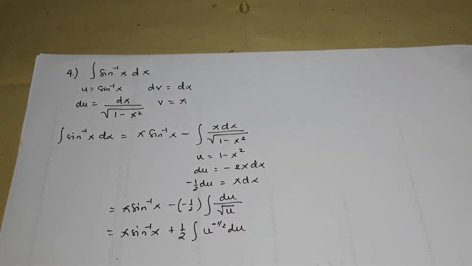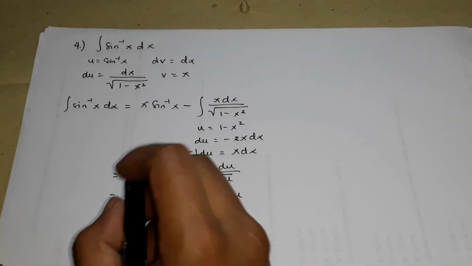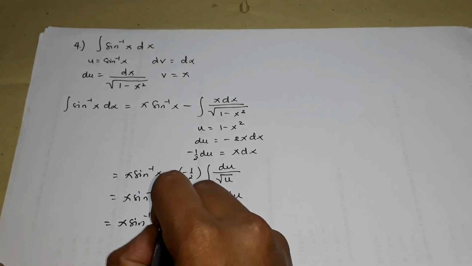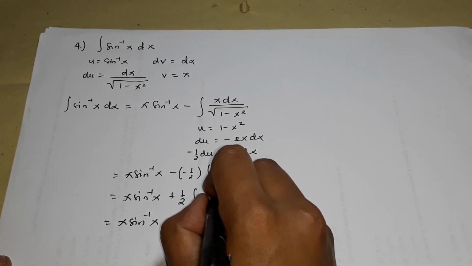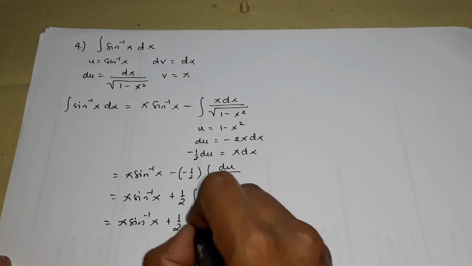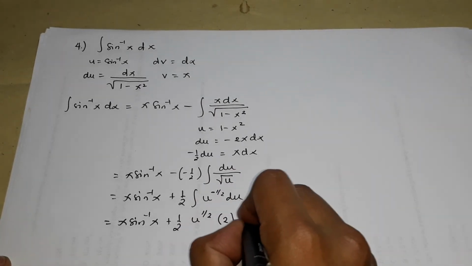And then you apply the power formula, u to the n is u to the n plus 1 over n plus 1. Then you'll have x arc sine of x plus 1/2 times u to the negative 1/2 plus 1, which is positive 1/2, over 1/2, or you just multiply by the reciprocal of 1/2, and then you can now add c.